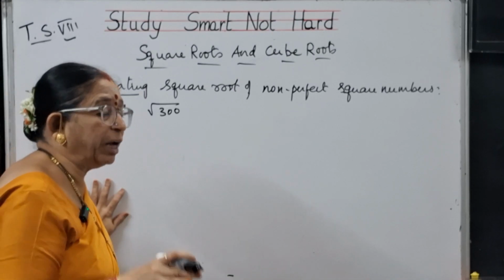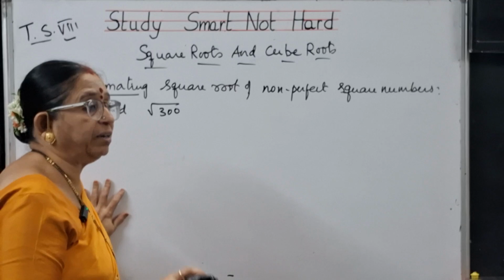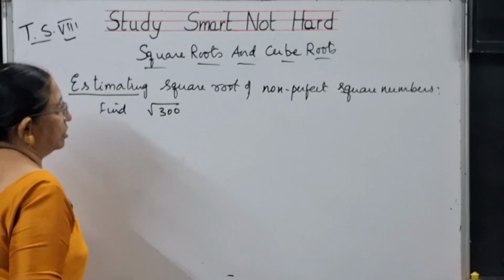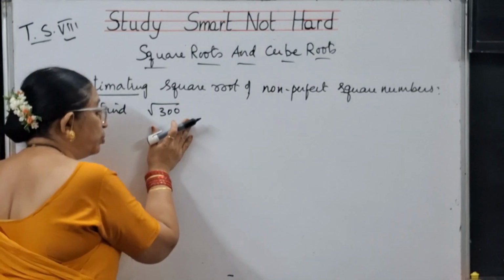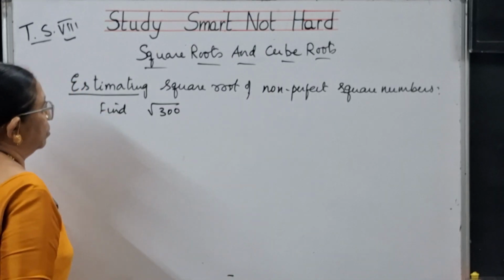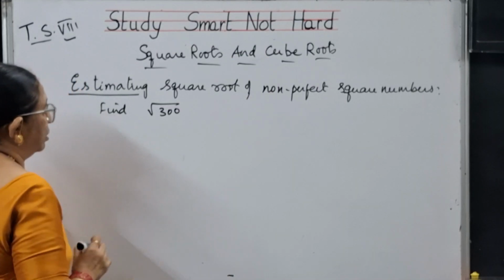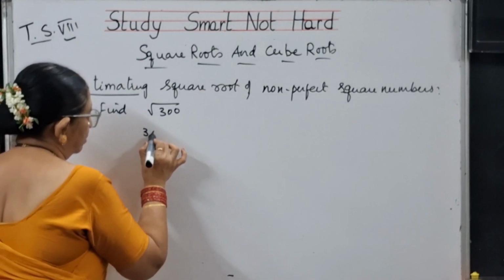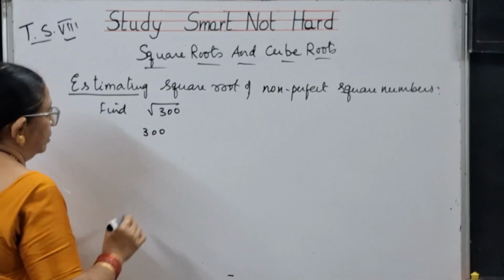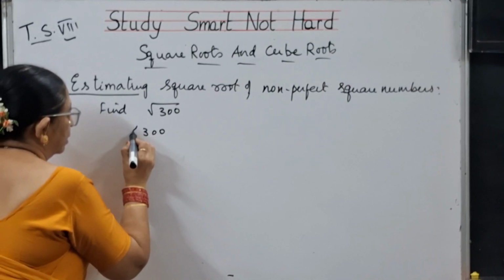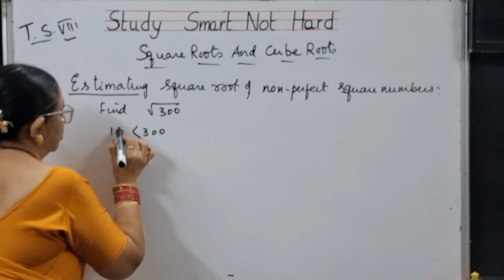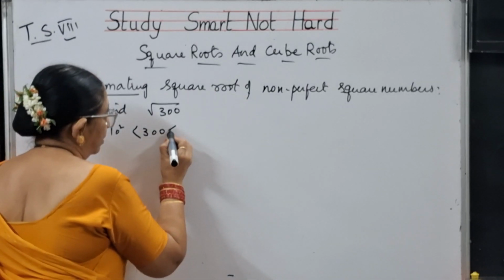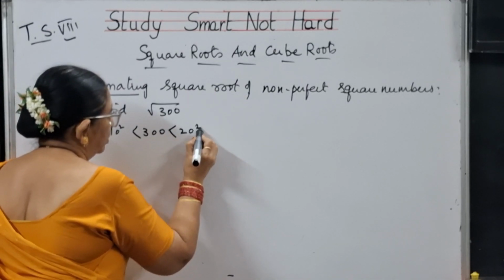You should imagine, or you should estimate by doing certain calculations which number will be a perfect square nearing it. So for that, what you have to do is, it is a 3-digit number. So we can say that the value of 300, let us take first 300, will be greater than 10 square. 10 tens are 100, and it is lesser than 20 square.